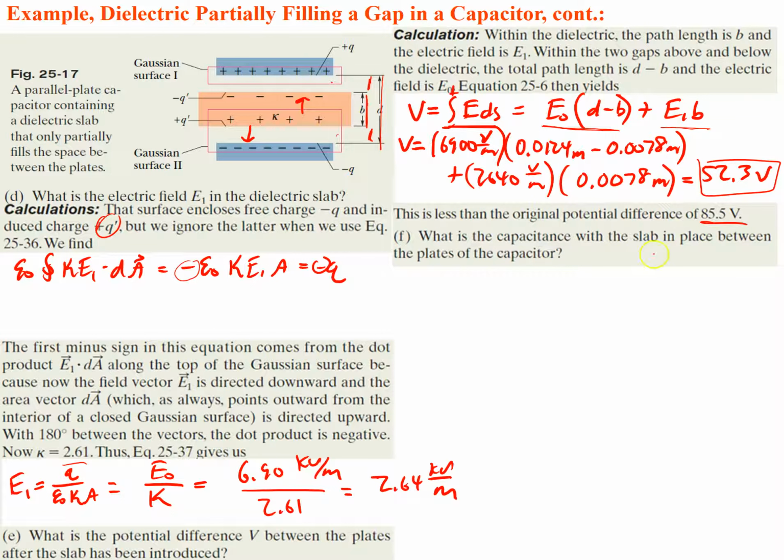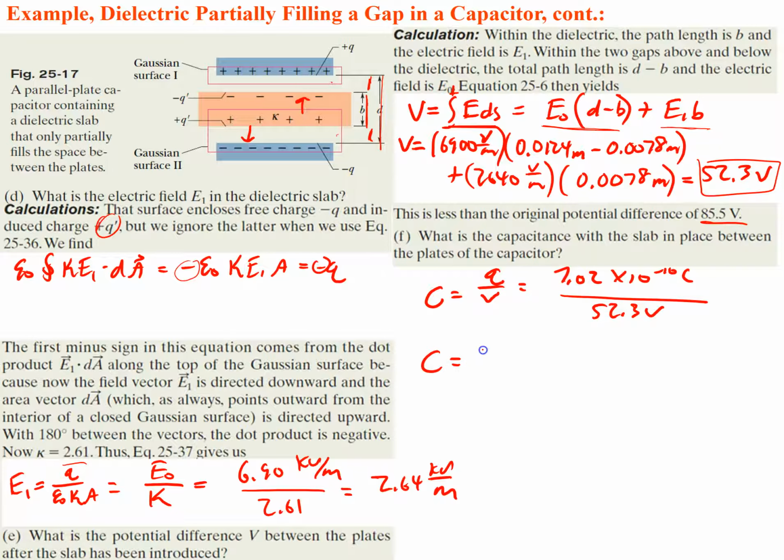What is the capacitance with the slab in place between the plates of the capacitor? So what is this change in capacitance? And we see that the capacitance is now 7.02 times 10 to the negative 10 coulombs, which is our charge, divided by 52.3, which is our new voltage.